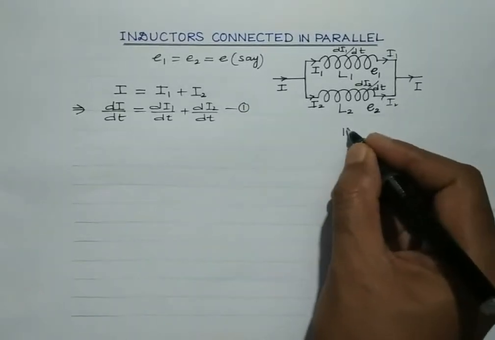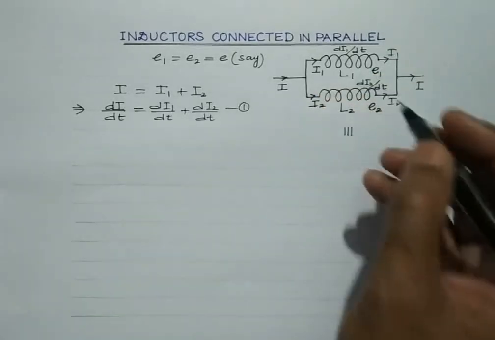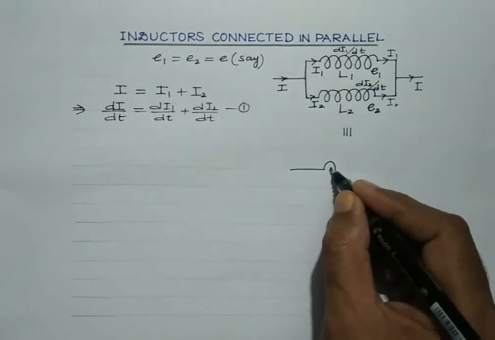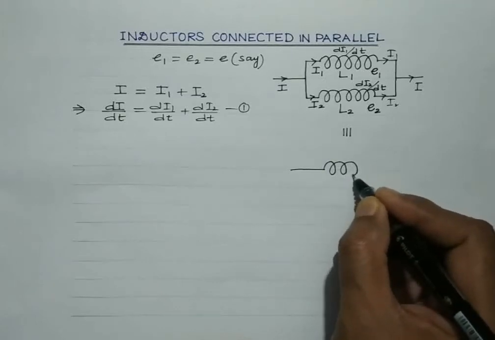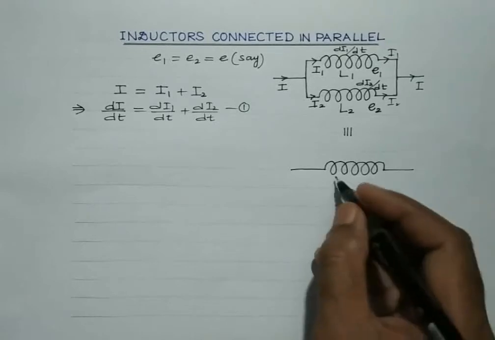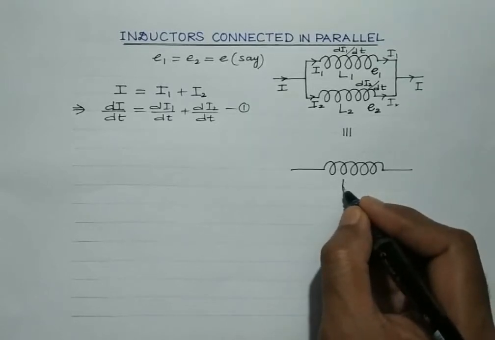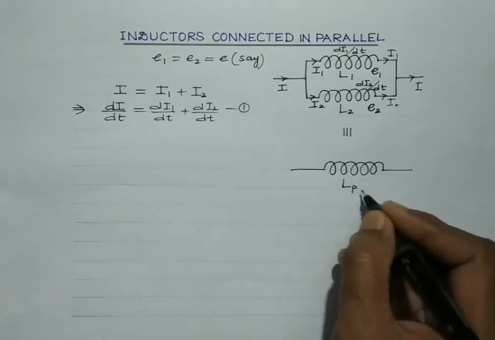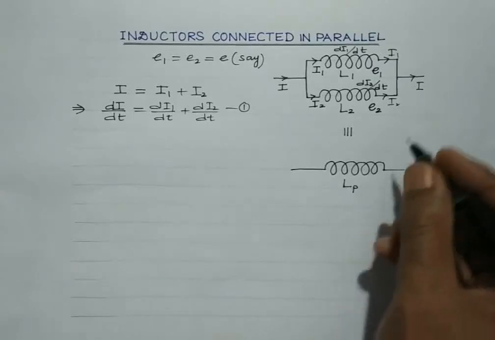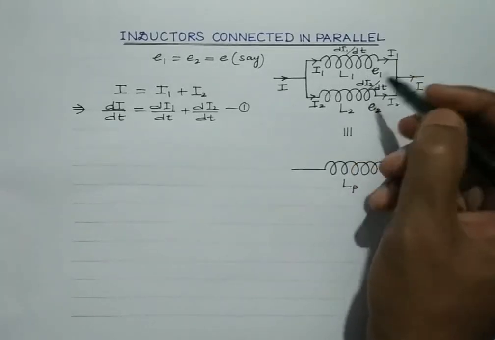Now, this equivalent diagram would be like this. Those two coils may be replaced by a single coil. And suppose its effective inductance is LP. So LP stands for the resultant inductance of the parallel combination of these two coils, right?